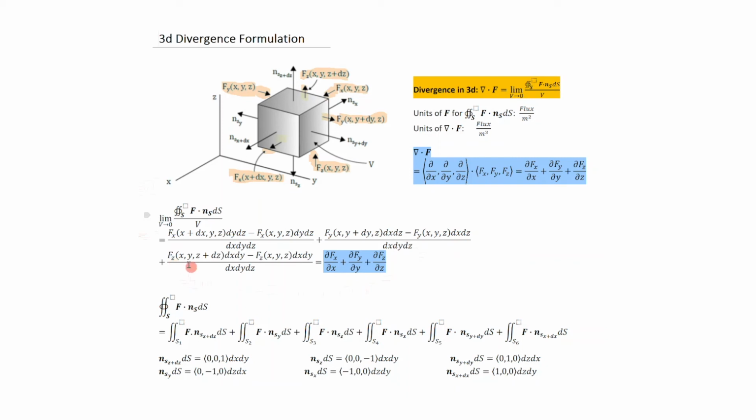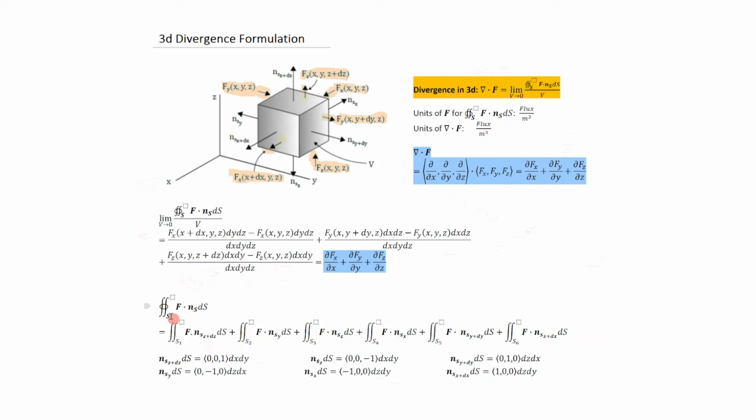And the last one would be where z is perturbed, Fz of z plus dz minus Fz of z, divided by dz. That's partial Fz by partial z. And notice that the dx and the dy terms are common to numerator and denominator, and so they disappear as well. And so we've just proven that this relationship is correct, and this comes from the definition of the divergence of a vector field F.